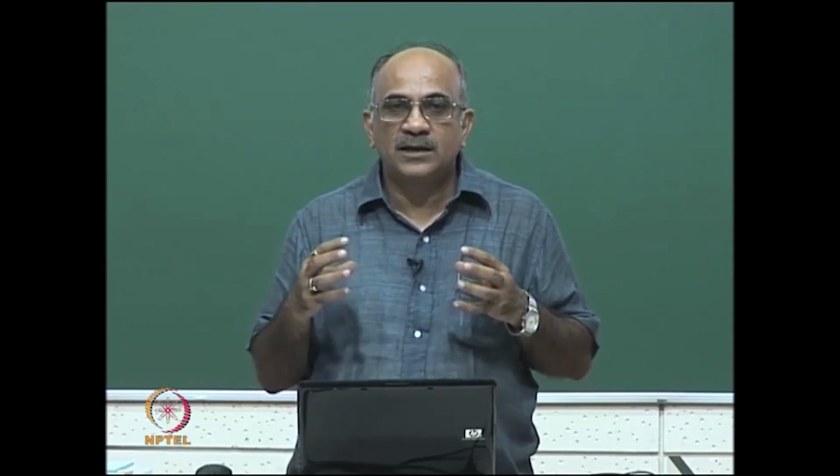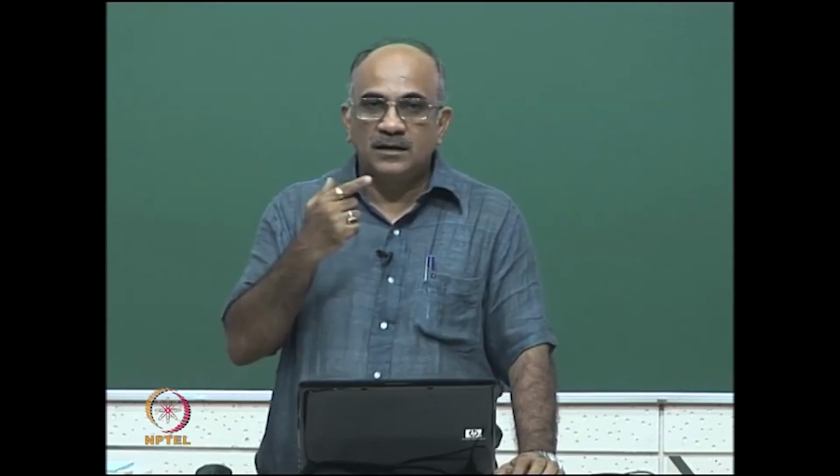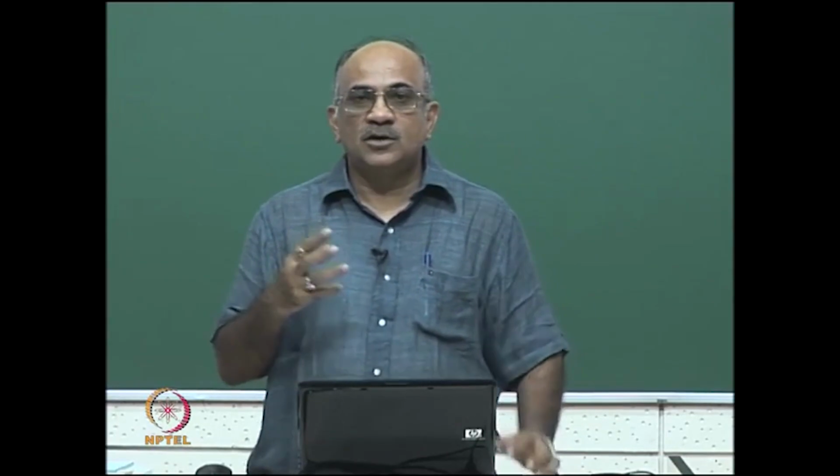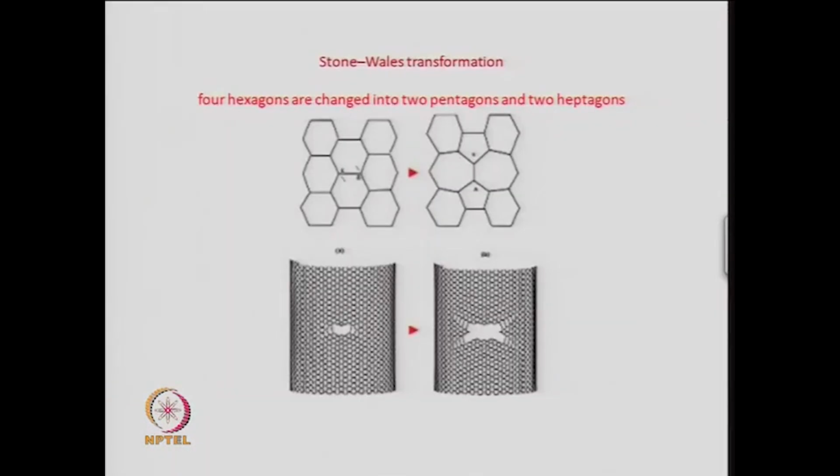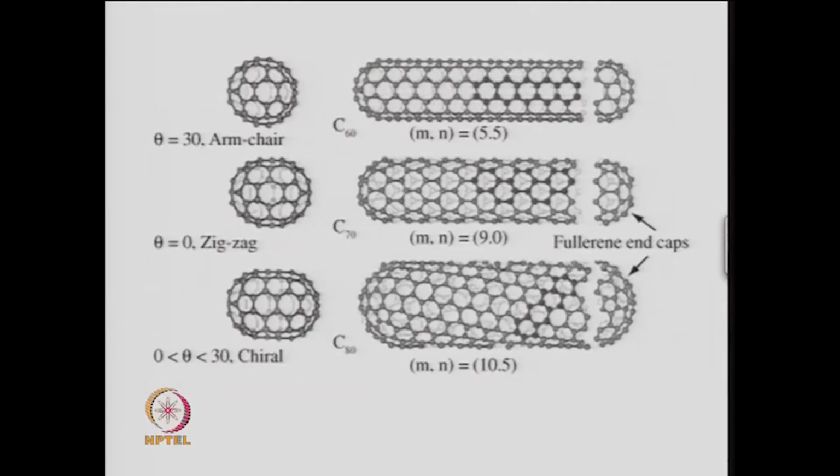If this hemisphere is acting as a cap on a carbon nanotube, that will of course depend on the chirality of the tube. So, C60 can cap only certain kinds of carbon nanotubes with a particular chiral angle, and that angle, as we discussed earlier, is theta equal to 30, which is the chiral angle, where you can cap it with a C60 molecule.